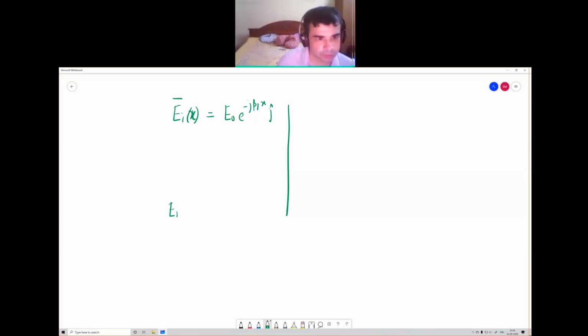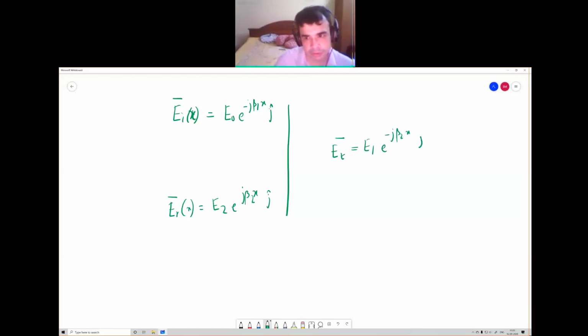E reflected as a function of x, that was E2 e to the power of plus j beta1 x. Next, E transmitted is E1 e to the power of minus j beta2 x.